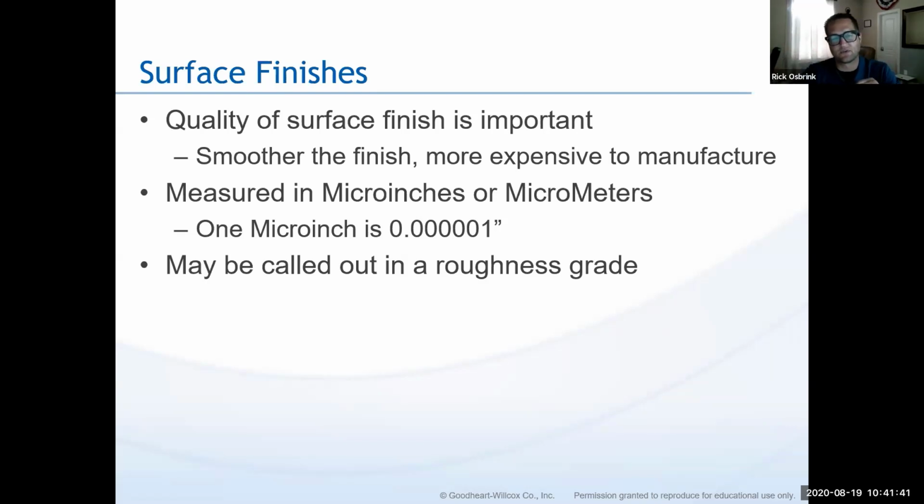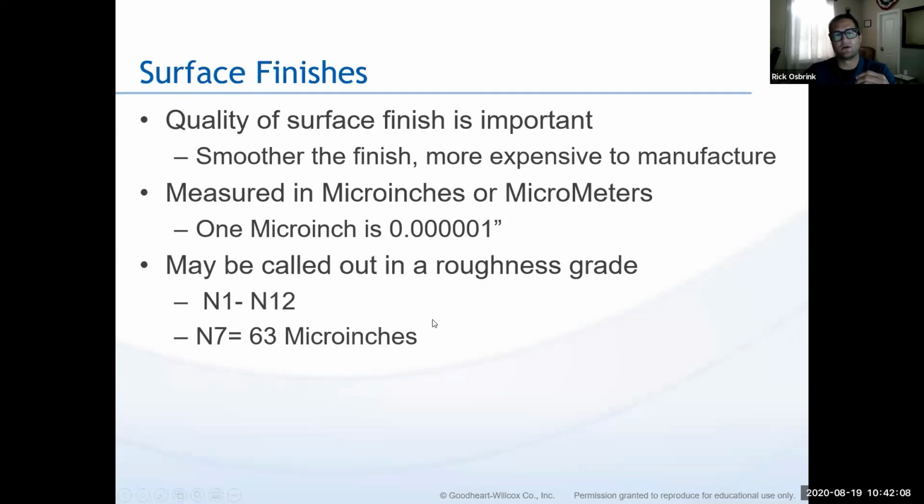Now, sometimes that's really hard to find out, so we can use some tools. I'll talk about tools, but I want to talk about roughness grades too. So we talk about microinches in that little check mark, but there you also might see a roughness grade, something like N1 through N12, and an N7 equates to 63 microinches, 0.000063 inches.